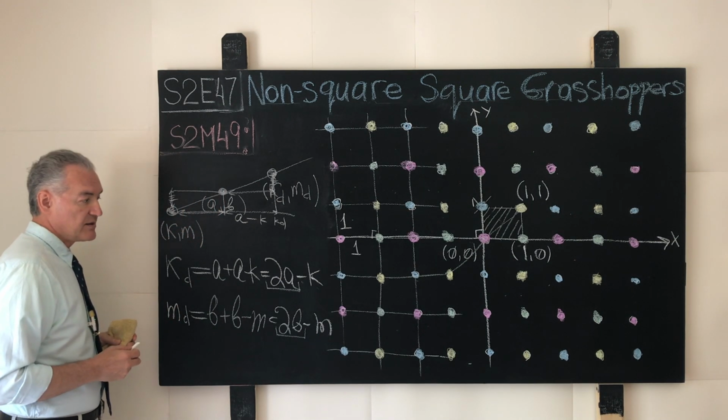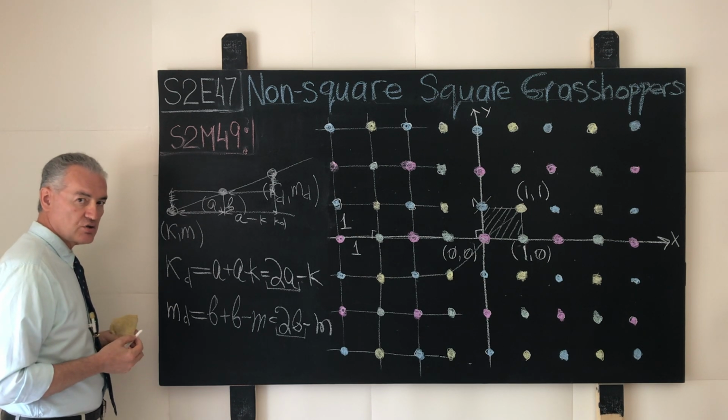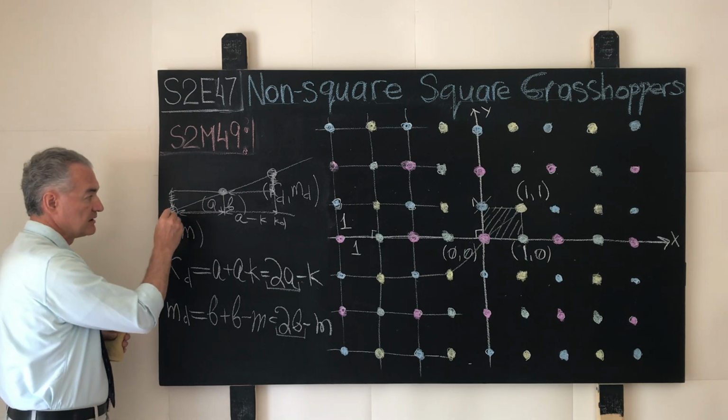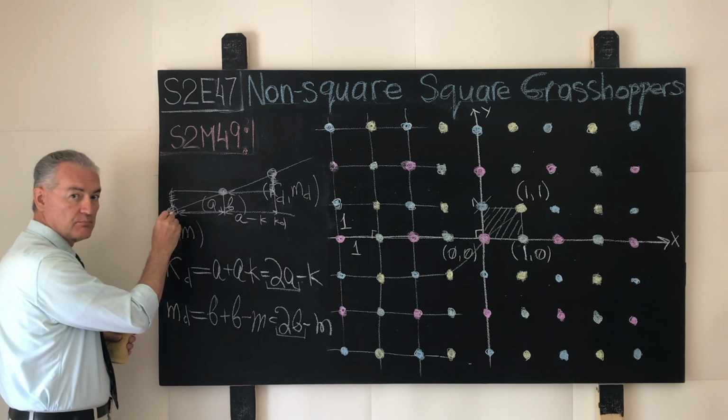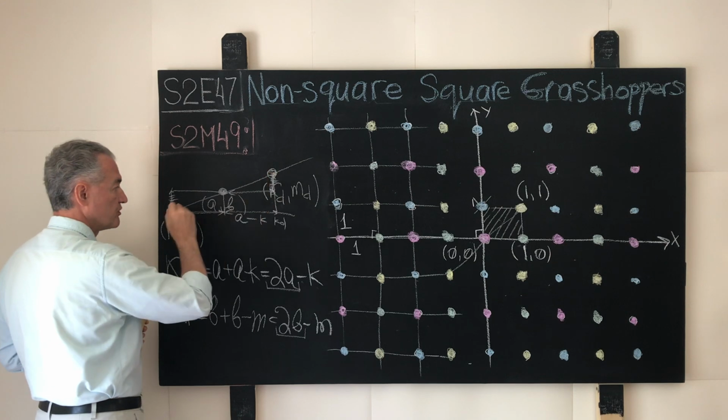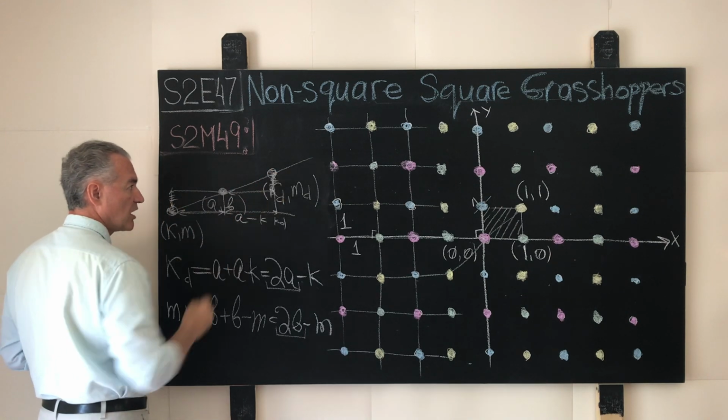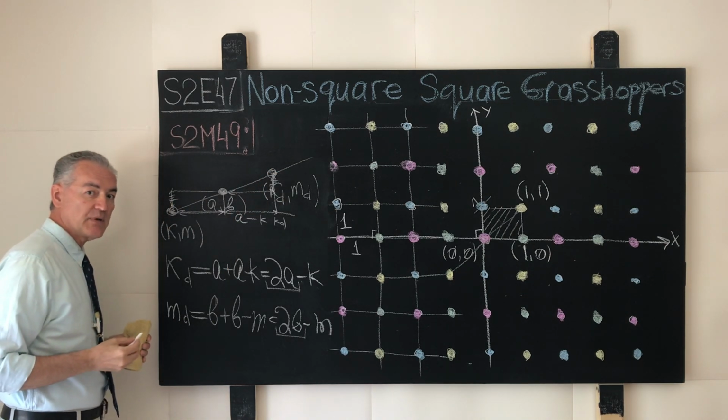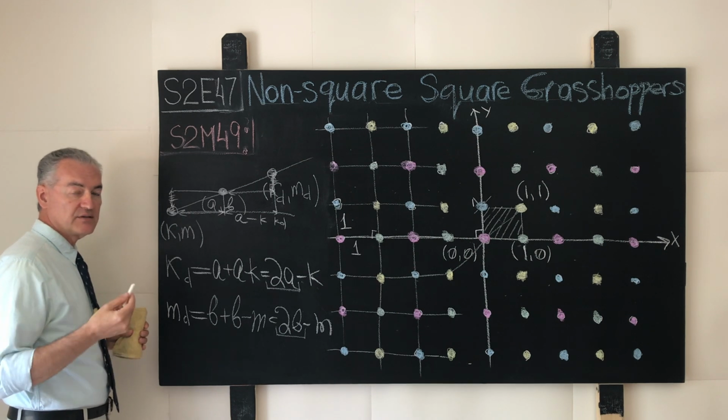That means that the structure of the components of the origin point and the destination point of any flying grasshopper, when it comes to parity, remains one and the same.